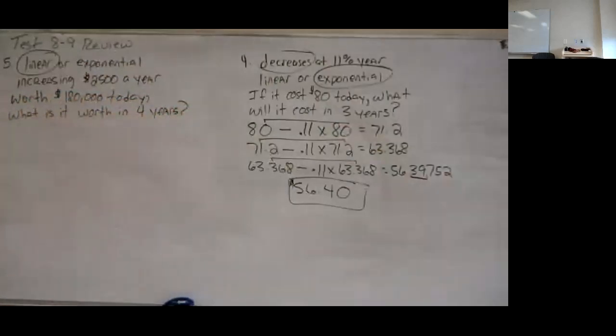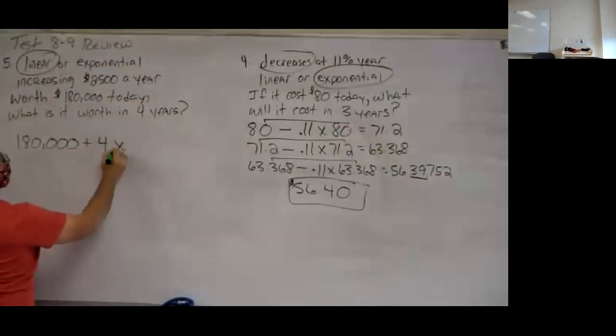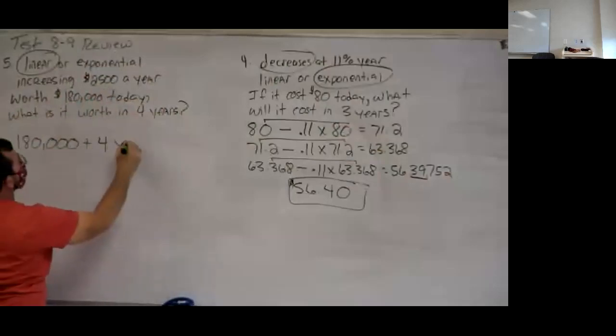So this one, like we did a while ago, we can just start with our starting amount, which was 180,000, and how much it's increasing. And we said it was 4 years, times 2,500 a year.